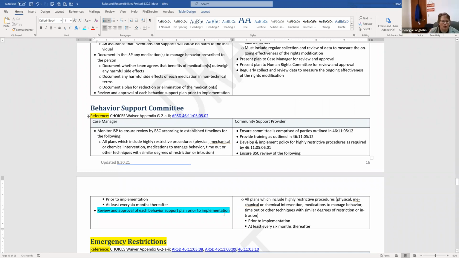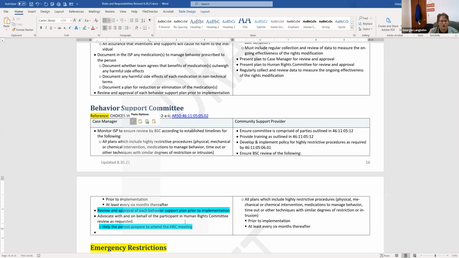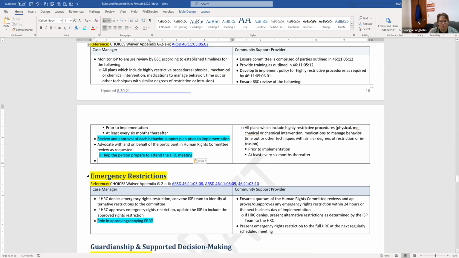I haven't seen any reference to emergency restrictions, because, you know, review and approve prior to implementation. Well, there are emergency restrictions; emergencies have their own section right here. Okay, I just forgot. I had clumped that on the agenda together with the rights restrictions, and I forgot about it because it's out of order in the document.